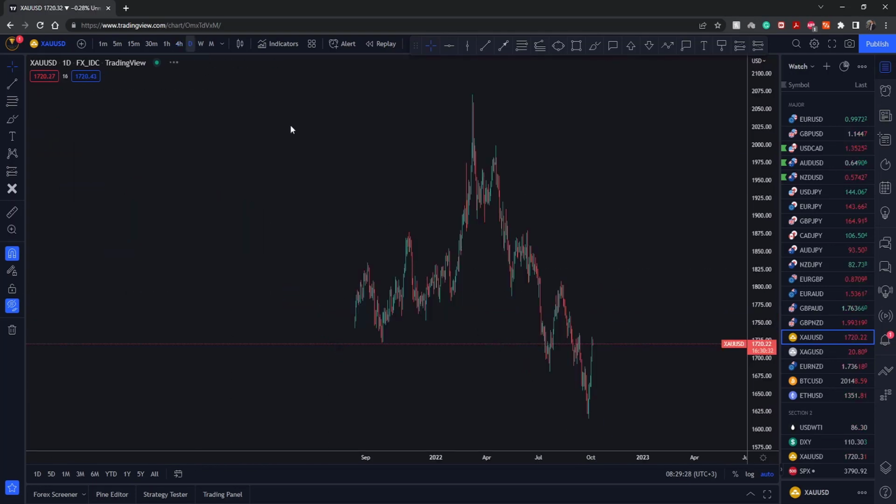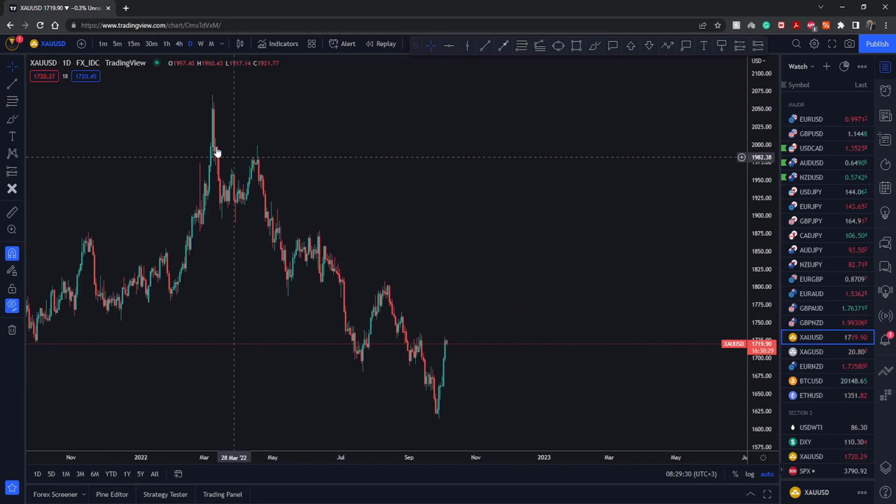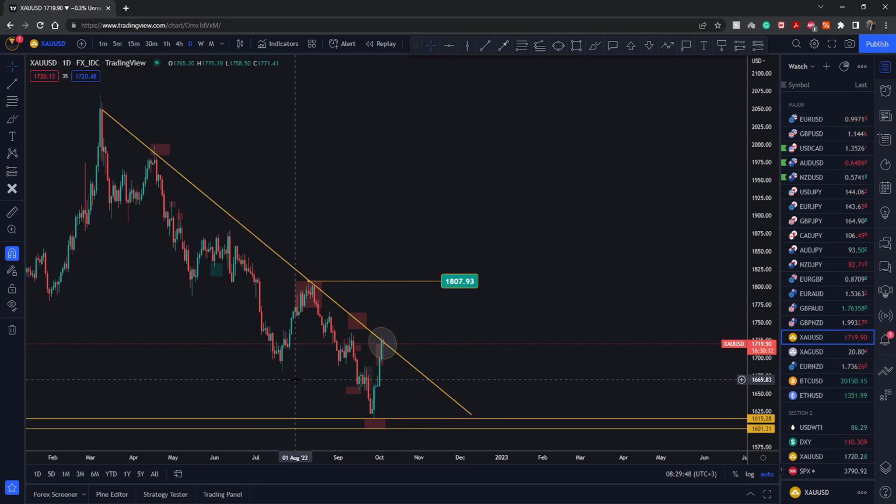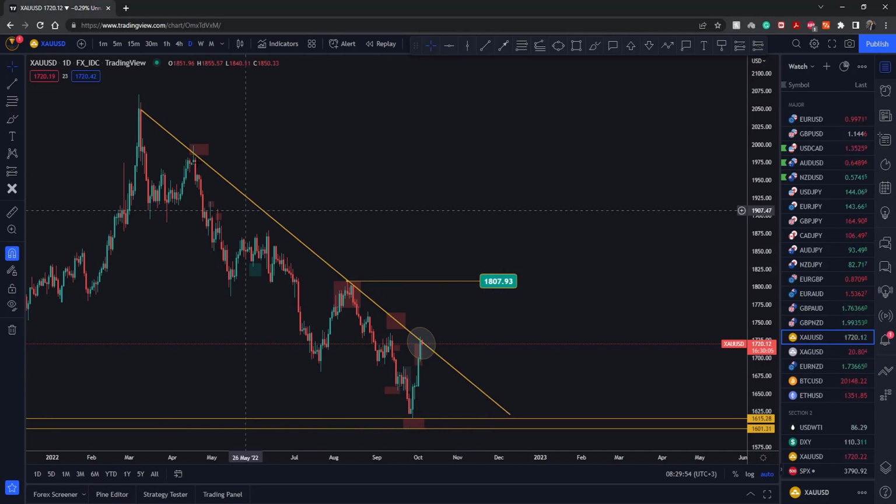And if you look at the daily time frame especially, looking at this downtrend, we're definitely not looking at a trend reversal yet. So what I'm going to do now is show you my chart drawings, and that's going to make much more sense. We've got this descending trend line right here, which is currently being tested by price action.